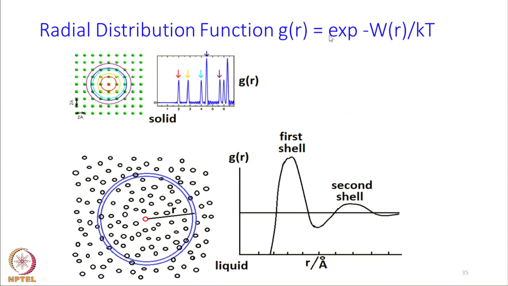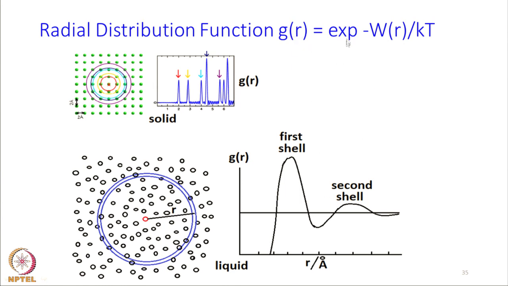Now, the other physical meaning of g(r) is that g(r) can be written as exponential of minus w(r) by kT. This w(r) is really the work done to bring a particle up to distance r. This is called the potential of mean force. You will have more of this in your later GROMACS calculations as well. So, what is the physical meaning of g(r)?